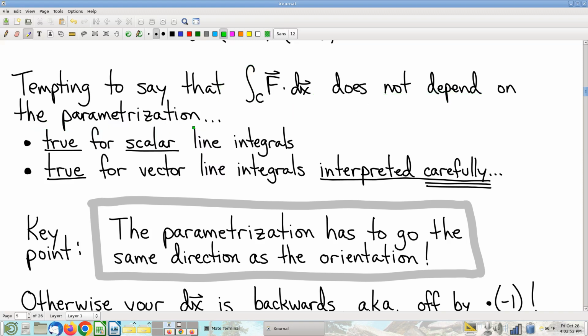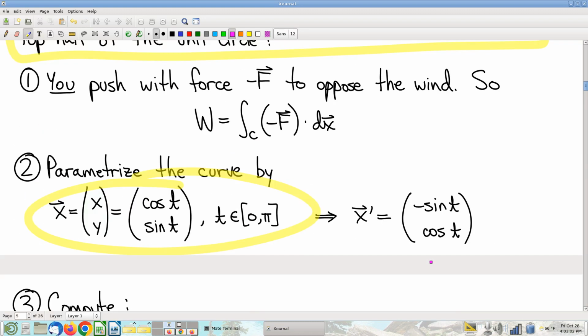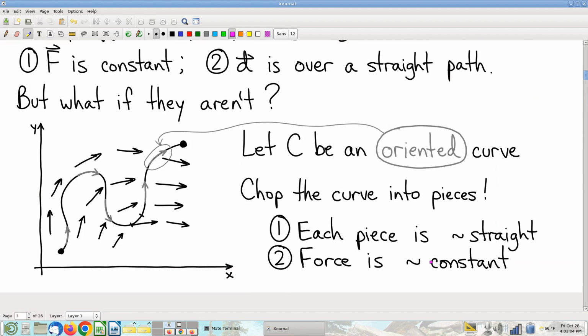With one little exception, one little micro exception, and that is when you parameterize, you do have to parameterize in the same direction as the orientation, right? So we've already kind of talked about that part of it.